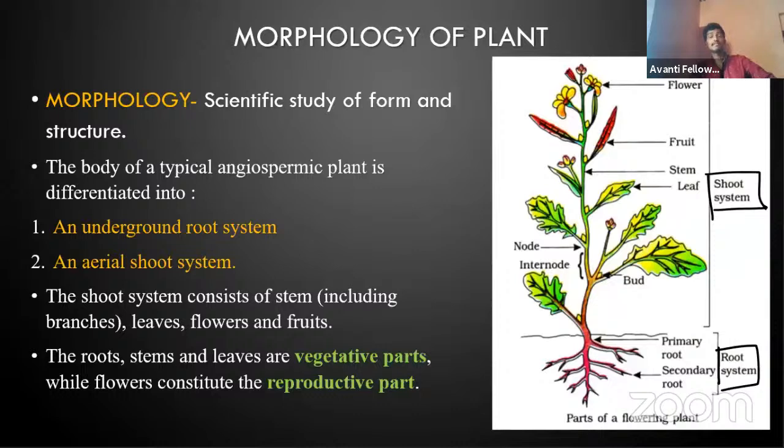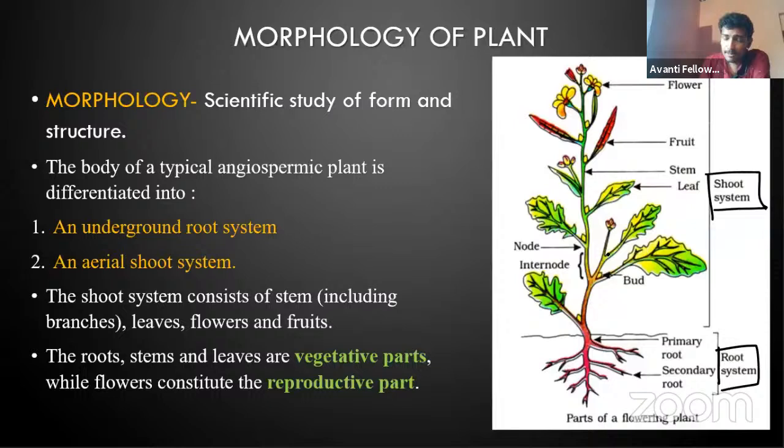The root is the one present below the earth. That's a broad differentiation. The shoot system normally consists of leaf, stem, fruit and flower, but the root will contain only the primary root and branched roots, that means secondary roots, and root hairs and everything.